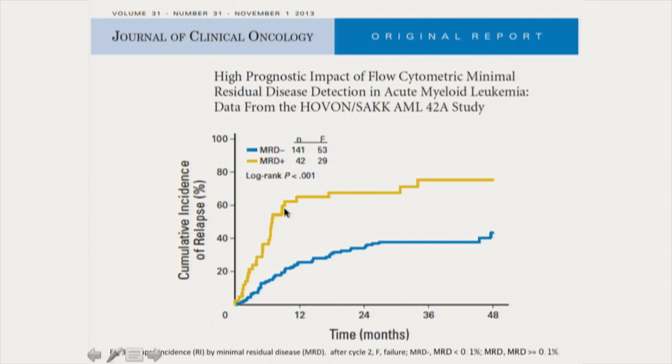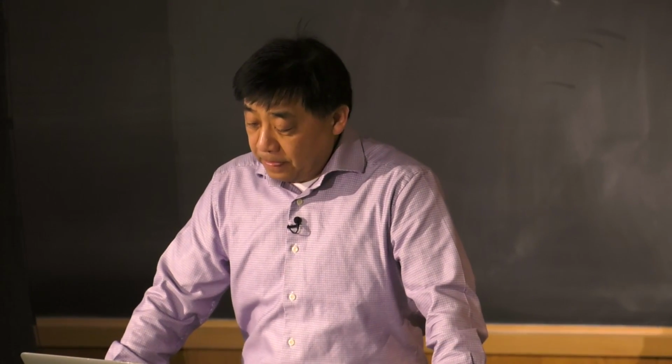MRD positive at the end of induction, which is the second cycle of induction, has a very high risk of relapse, and those relapses happen early, with a very short duration of remission. What I need to emphasize is that those patients continued treatment. They received consolidation therapy. So those relapses happen quickly and at high frequency in the setting of consolidation therapy.